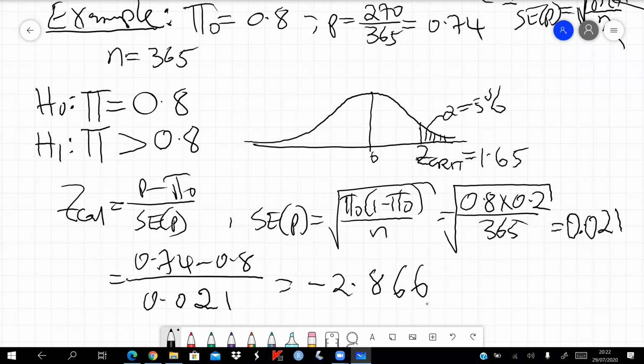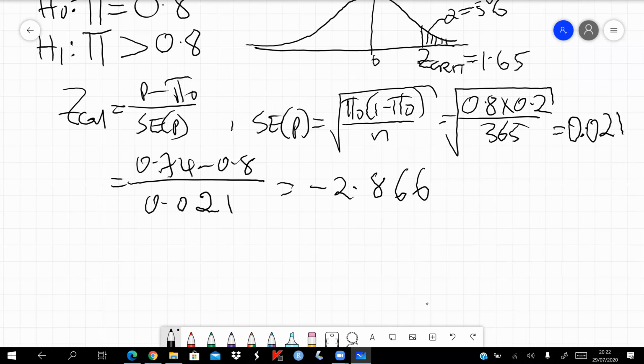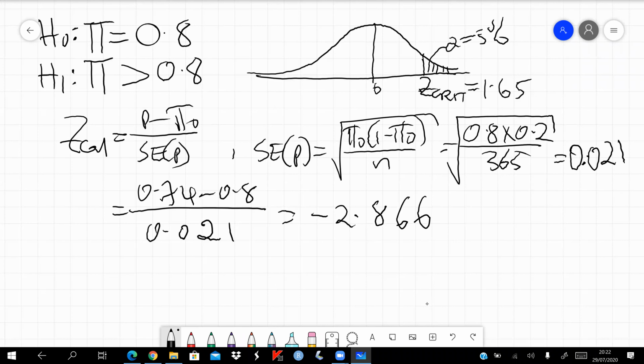Negative 2.857. Then where does this value fall? It falls in the acceptance region. It's deep in the acceptance region, actually.